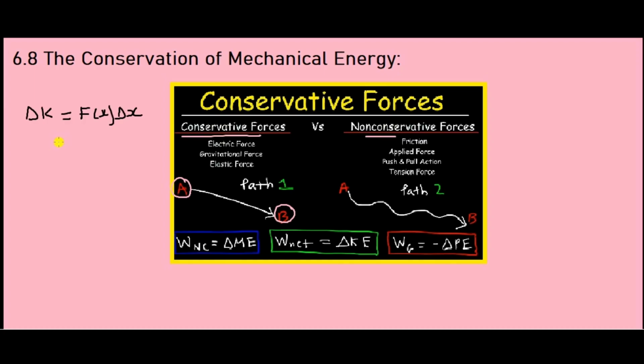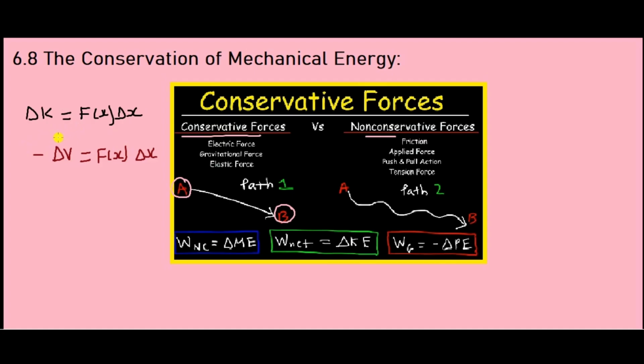If this force is conservative, the potential energy can be defined as the negative of the work done. So instead of kinetic energy, we write potential energy: minus delta V is equal to F(x) times delta x. This is according to the conservative force that has been supplied.